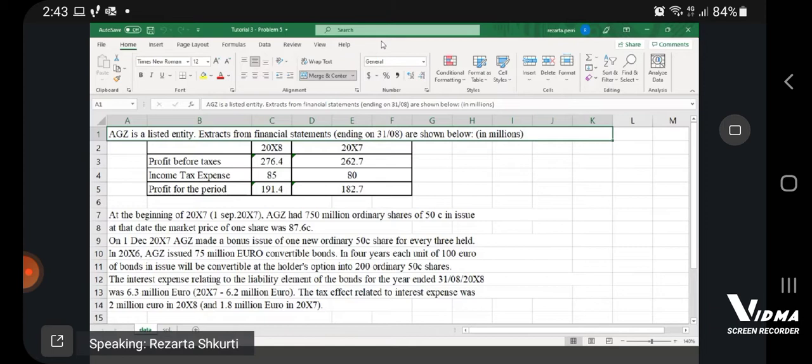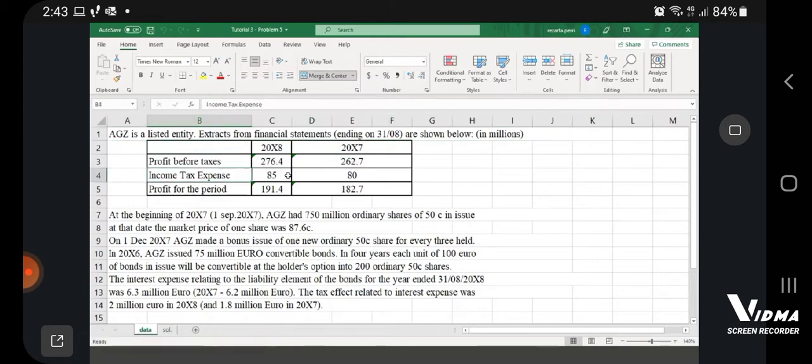What we basically have is the profit before taxes and the income tax expense for both years. Then we have the profit for the period, which is the difference between profit before taxes and the income tax expenses.